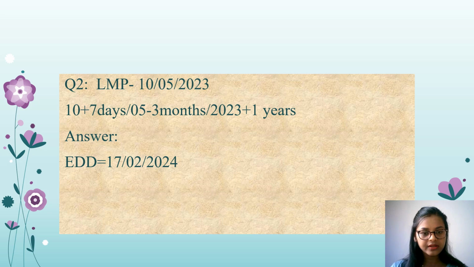Based on the NCLEX formula, you add 7 days to the day of the last menstrual period, subtract 3 months from the month, and add 1 year to the year. So 10 plus 7 is 17, 5 minus 3 is 2, and if you add 1 year to 2023, it would be 2024. So the estimated date of delivery is 17th of February 2024.